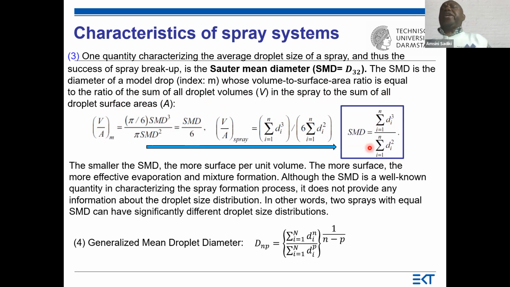If we have a discrete distribution of particles, in general, based on this, we can also write the generalized mean droplet diameter.